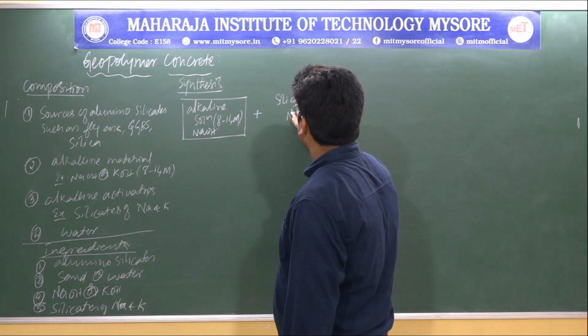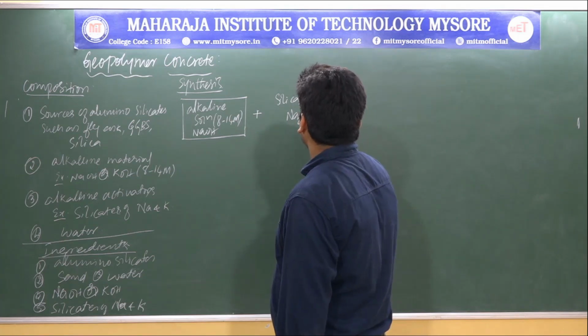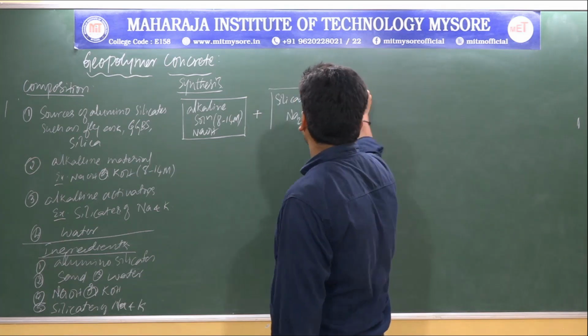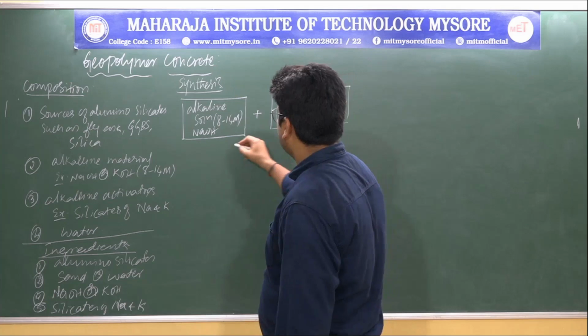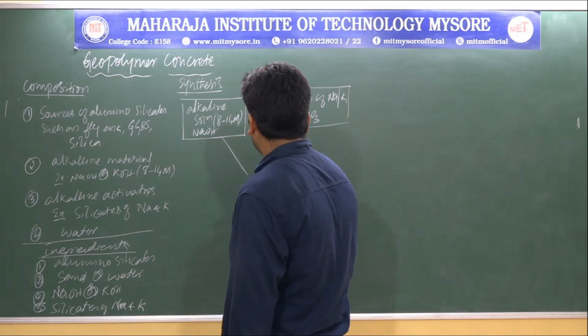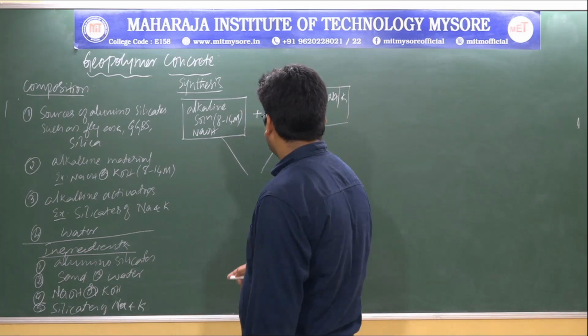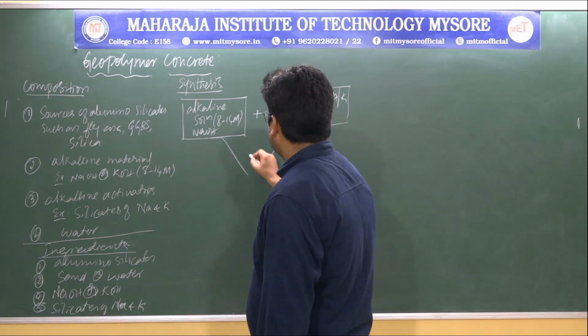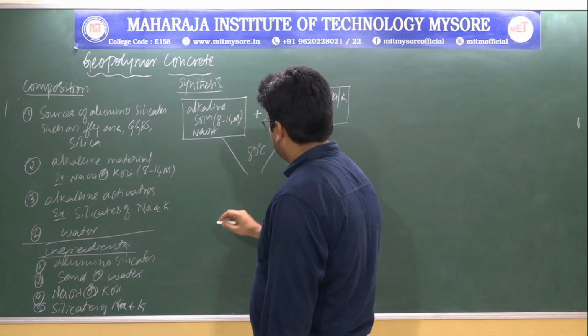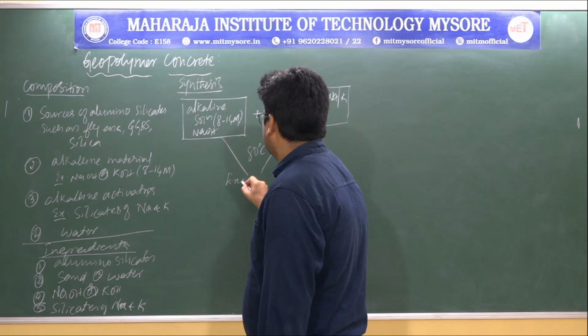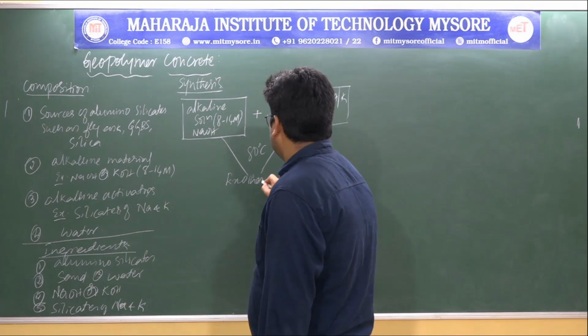Here I am going to take sodium silicate. If these two are mixed properly in the required concentration, an exothermic reaction will take place with the liberation of heat energy.